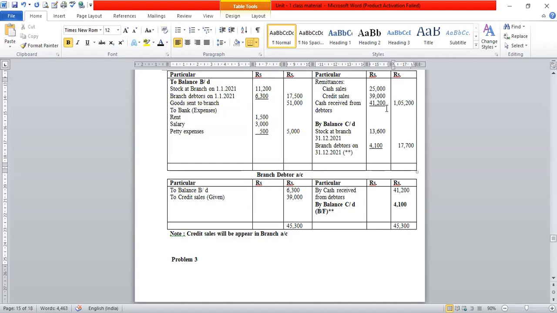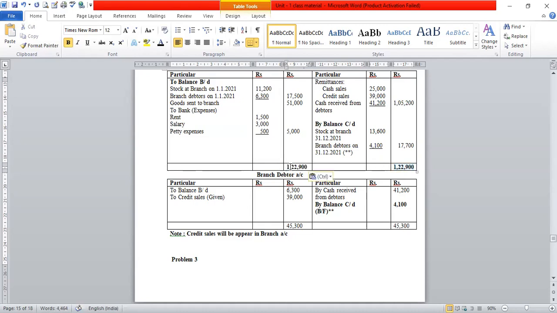That is 1,22,900. 1,22,900. Okay, I'll change this. So obviously the same value should come on this side also.